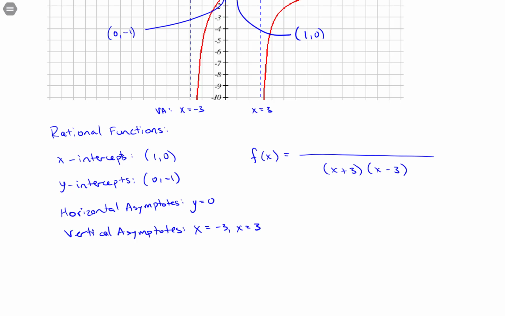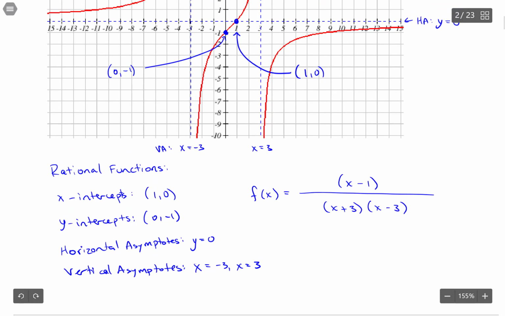All right, so that takes care of our vertical asymptotes. The x-intercepts, these are zeros of the numerator. So if I have a 0 at 1, then I need to change that into a factor and make it x - 1. Now, the horizontal asymptote should just take care of itself.